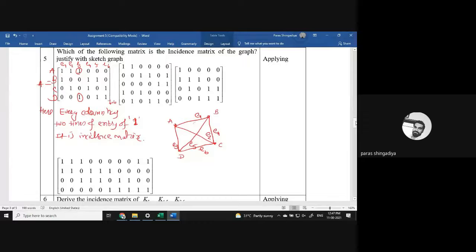Yes, all of you derive all the graphs. How many of you have finished question 5? Okay, good. Okay, complete it. Then we'll start the last one.